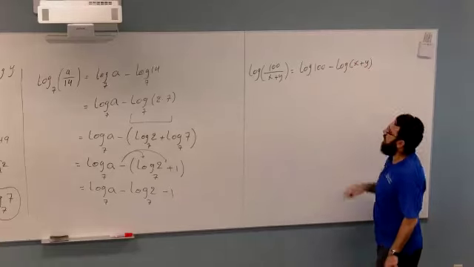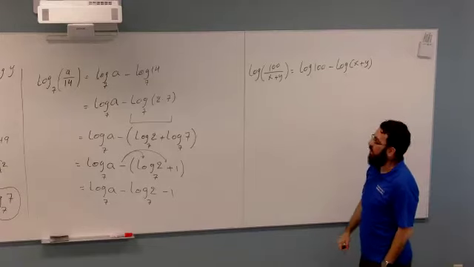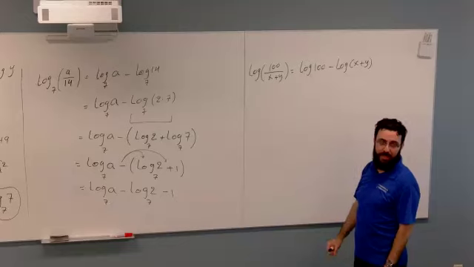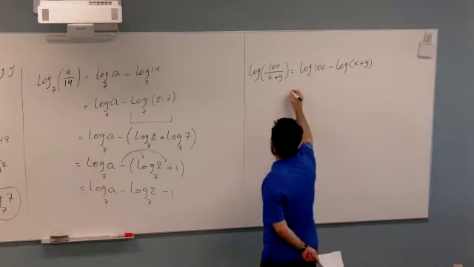This part I can't do anything with, right? Because it's x plus y, I can't simplify. What about this one? How are you going to simplify?